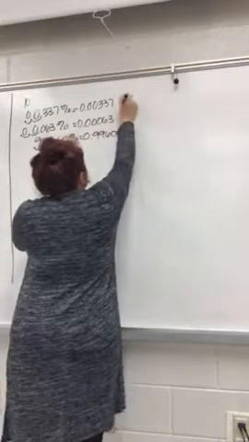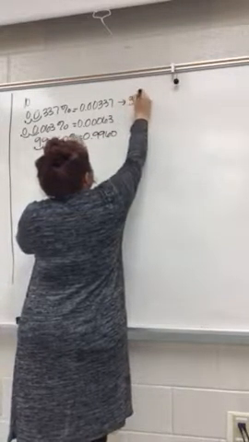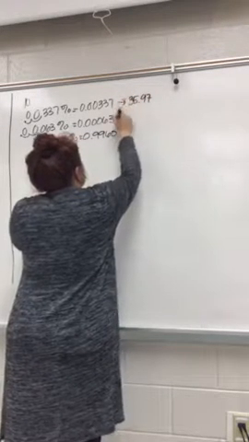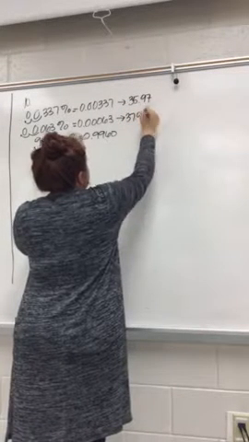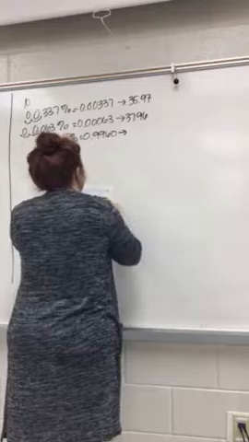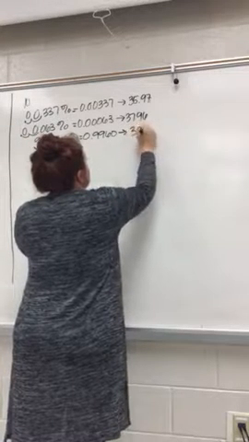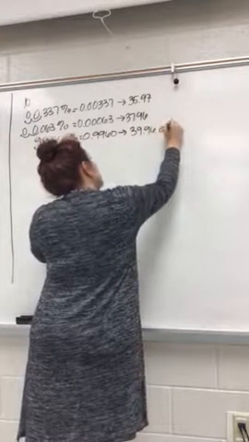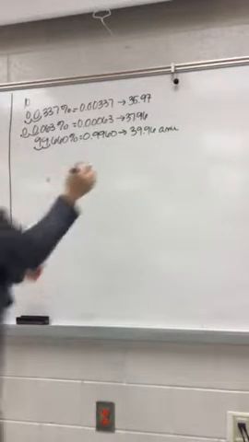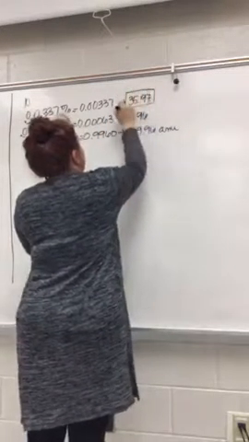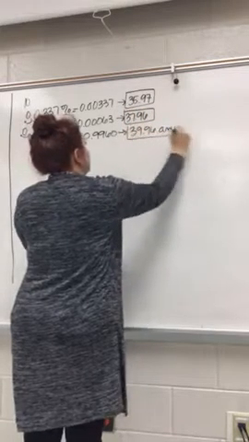You should be boxing in 35.97 AMU, 37.96 AMU, and the next one, 39.96 AMU. Okay? So these numbers in your paragraph should all have boxes around them.